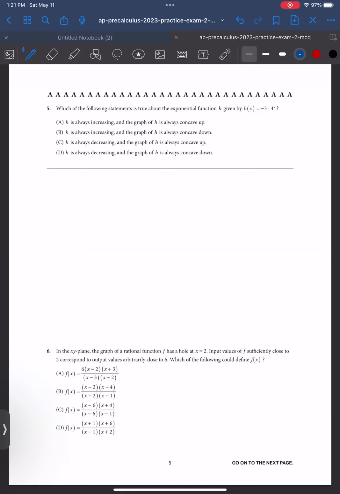Which of the following statements is true about the exponential function h given by h of x is equal to -3 times 4 to the x? So first of all, I know that it's an exponential function, right? But now a negative exponential function, what happens with that?